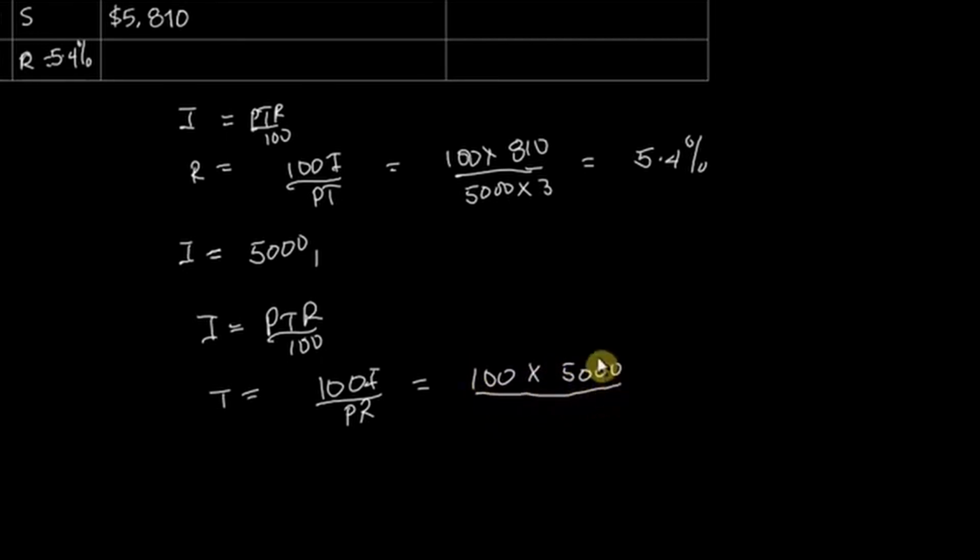And we're going to divide by the principal, which is also 5,000, times R, which is 5.4%, and that works out to be 18.5 years. So in essence, it would take 18.5 years for his investment of 5,000 to double.